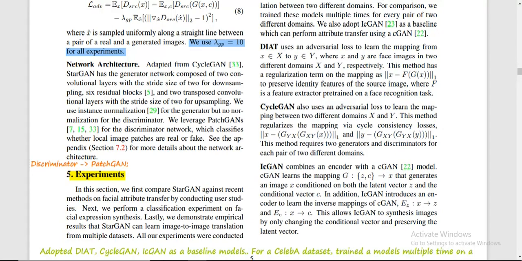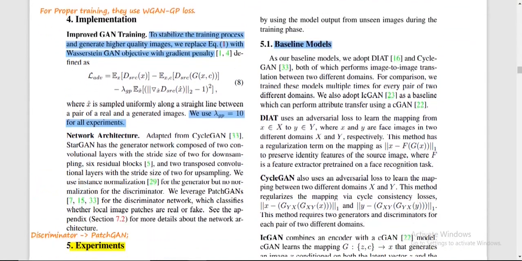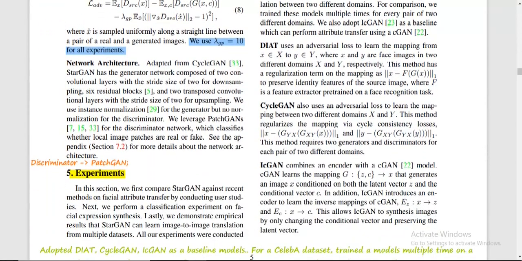I think they use PatchGAN here because they want to produce high quality output. If the discriminator sees the image patch by patch, it also sees the different details on the generated image, so it helps to improve the generator at the same time.